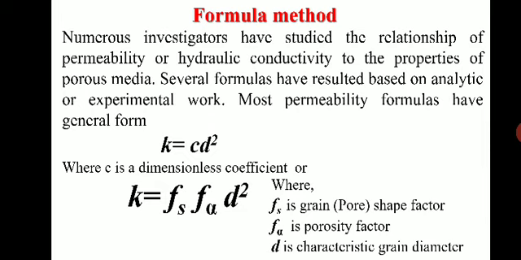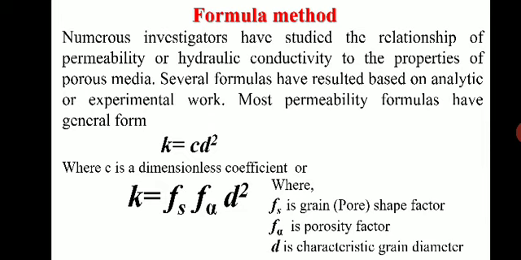So what are Fs, Fα and D? Fs is the grain or pore shape factor. Fα is the porosity factor, and D is the characteristic grain diameter.